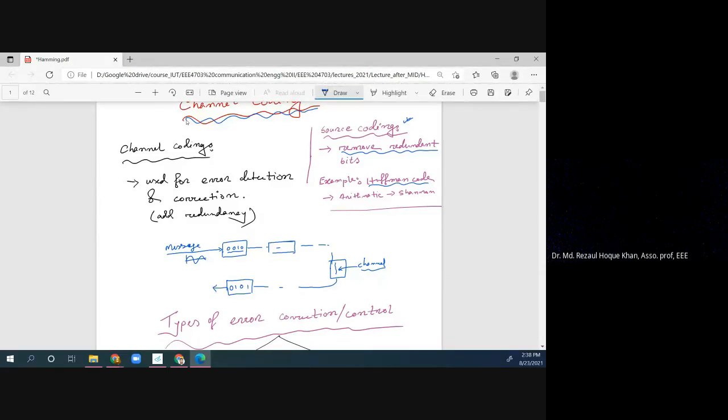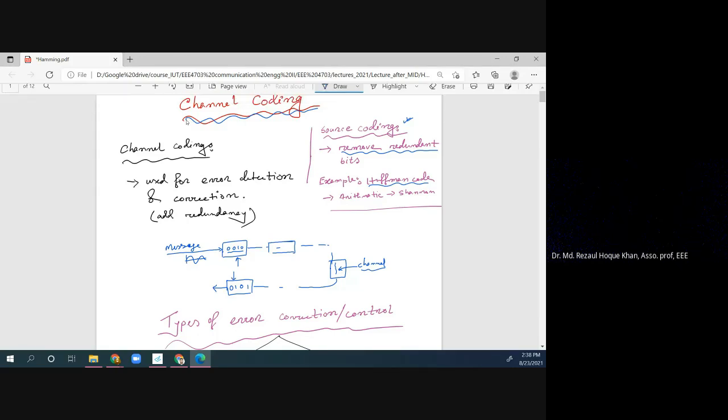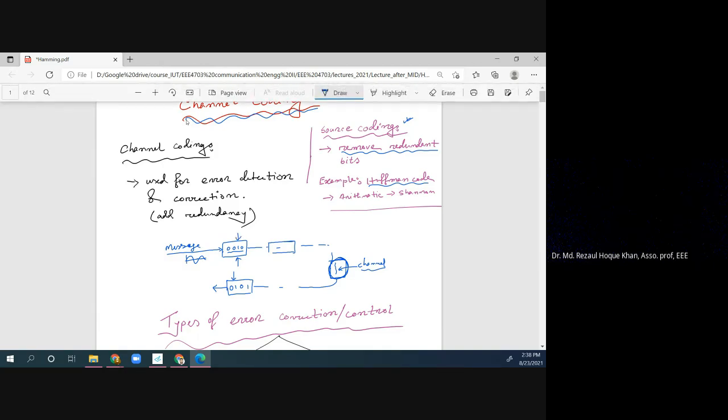To detect and correct that error, we add some extra bits, so that we can check whether the information we receive is correct or not.